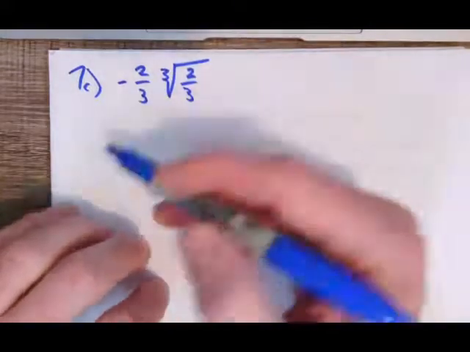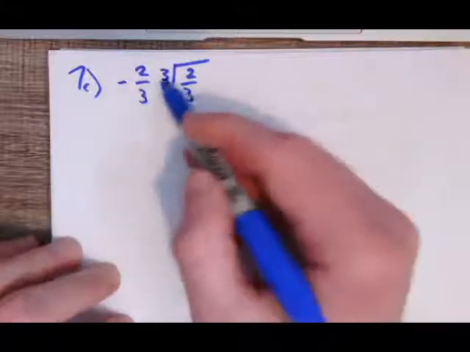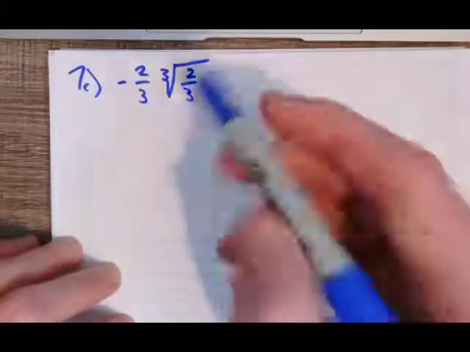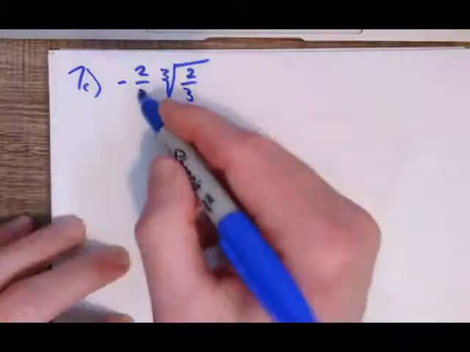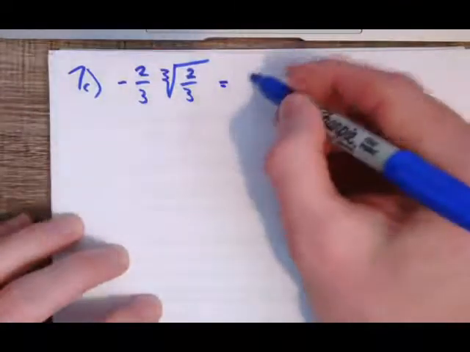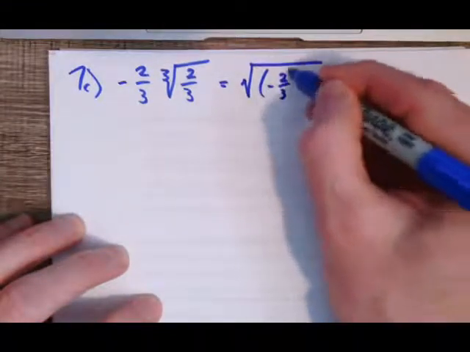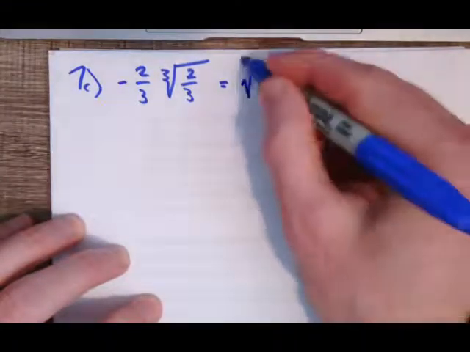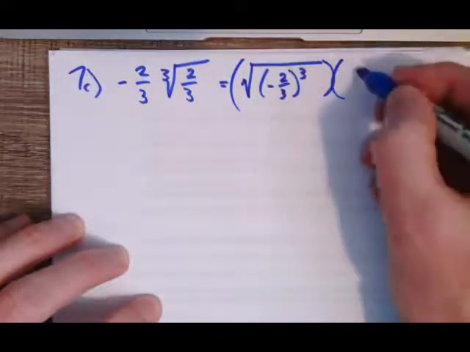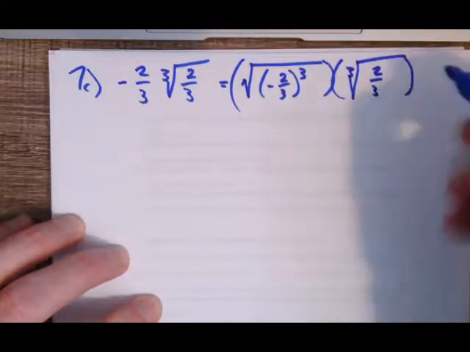And that's why the negative can go in. I'll answer the negative cube roots that are allowed and things like that. So we cubed this. So this equals the root of negative 2/3 cubed times the cube root of 2/3.